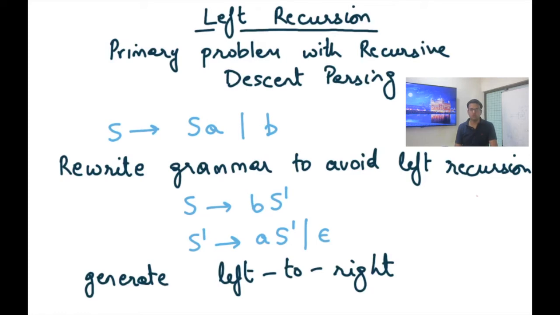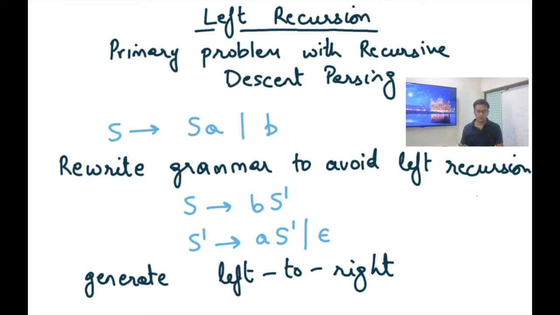I introduce a new non-terminal S prime, and I say S produces B S prime, and then S prime produces A S prime or epsilon, which indicates that S prime produces a string of A's. S produces B followed by S prime, which means B followed by a string of A's. And this is exactly the set of strings that the original grammar accepted.